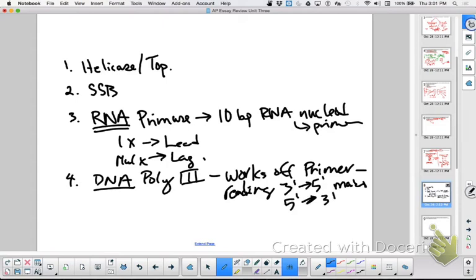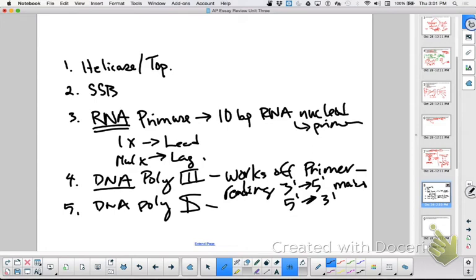Good. Who's next? DNA polymerase 1. DNA polymerase 1 removes the primer and replaces it with nucleotides. What kind of nucleotides? DNA. It removes the RNA nucleotides of the primer and replaces them with DNA nucleotides.